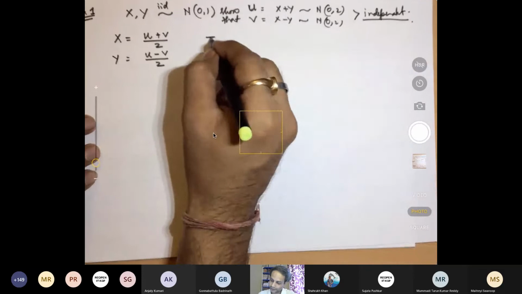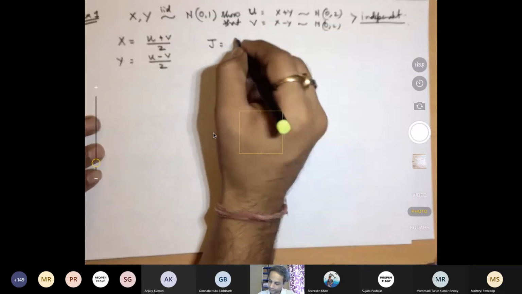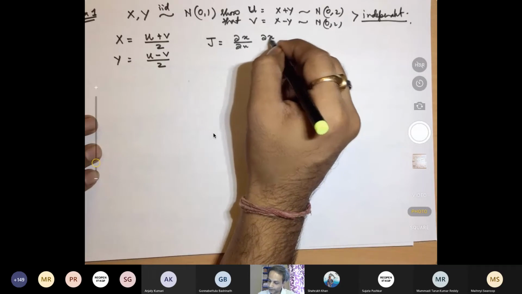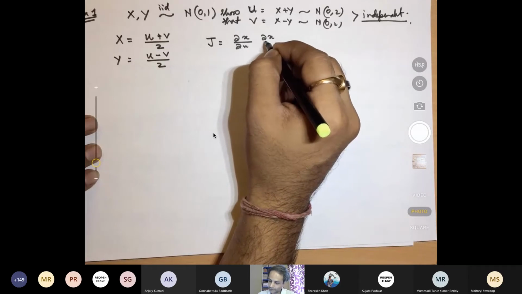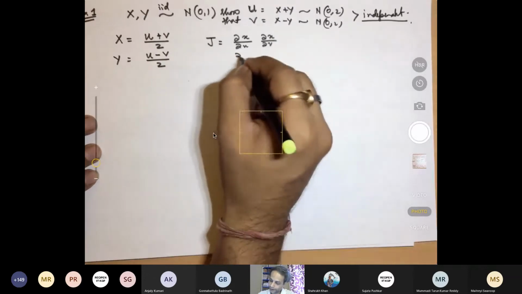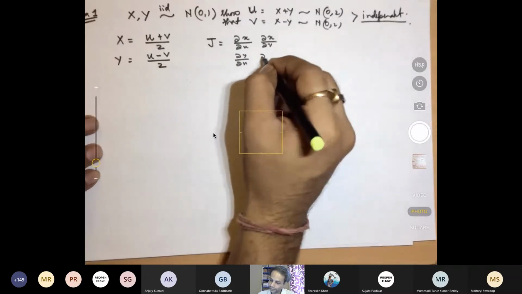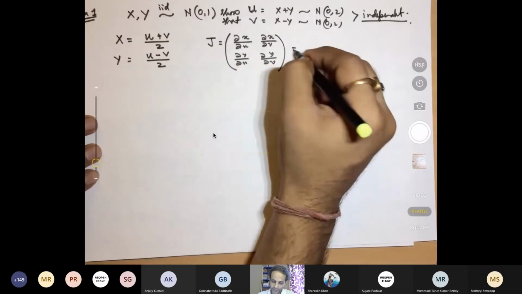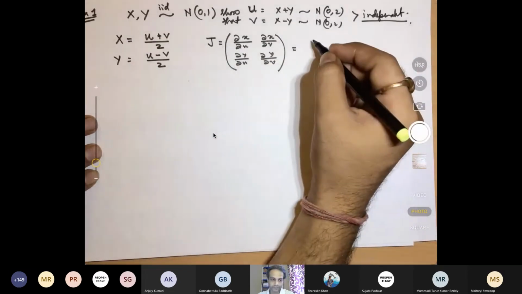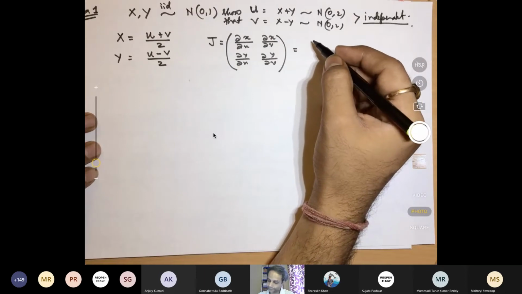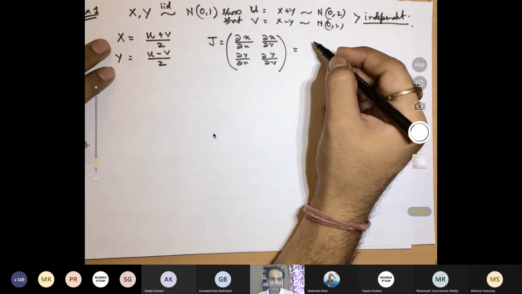Then let us consider the Jacobian: del x del u, del x del v, del y del u, del y del v. Can you please tell me what will be the values? Already you have the equation.